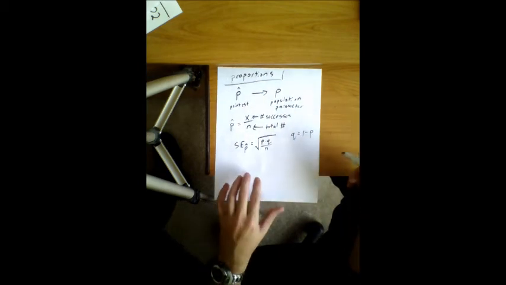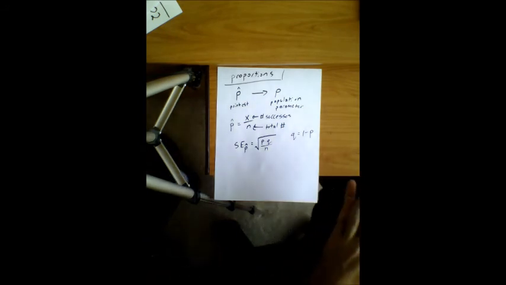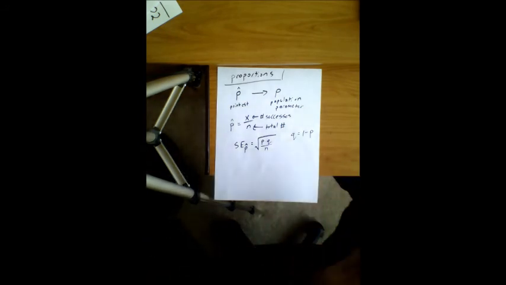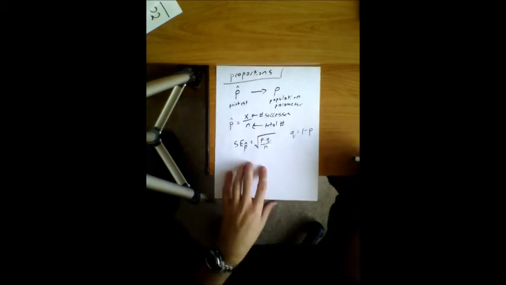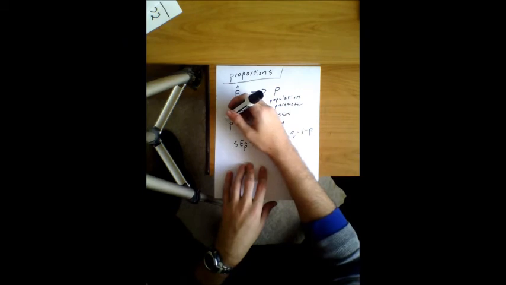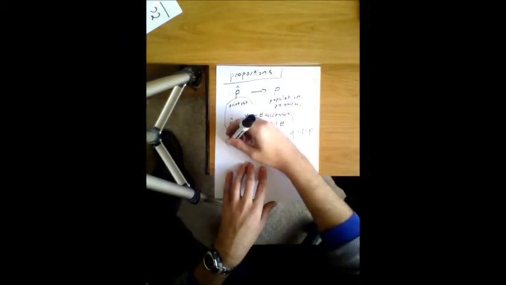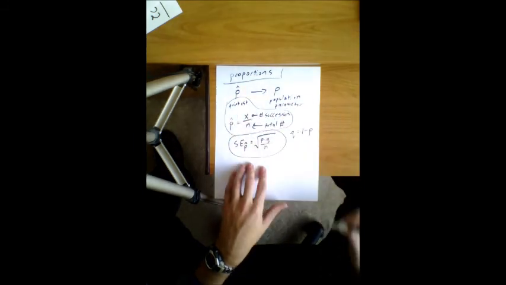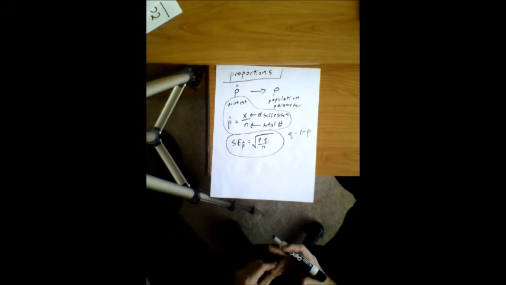Just like before, q is the probability of failure, the complement of p. So far, this is our point estimate, and this is our standard error, which is really all we need for our hypothesis tests or for our confidence intervals.